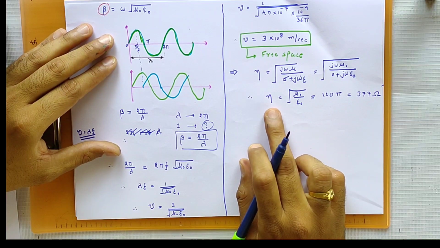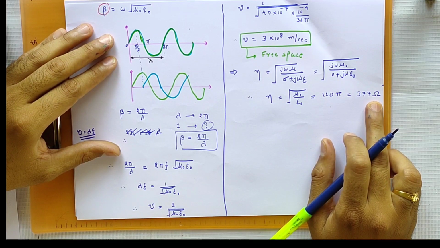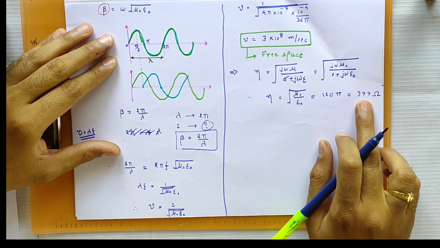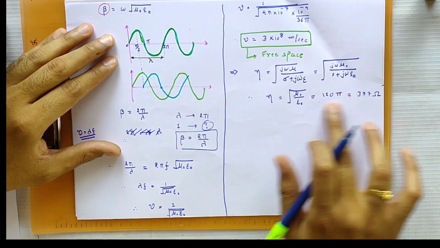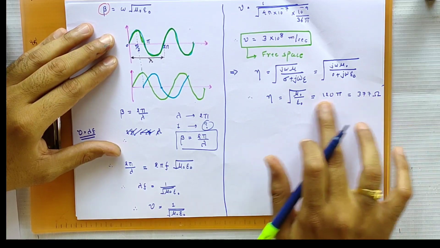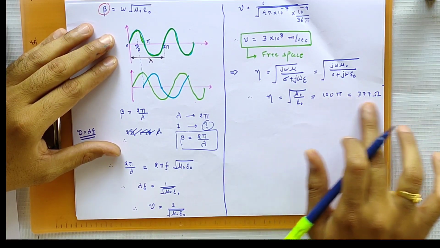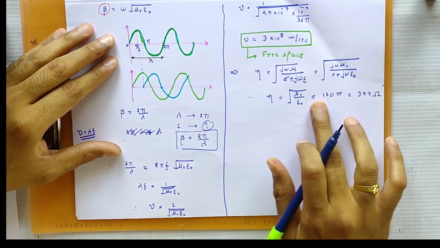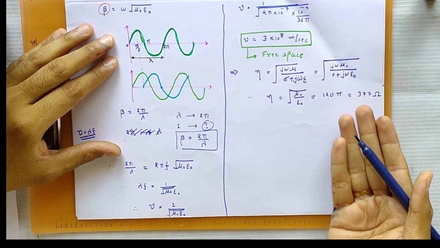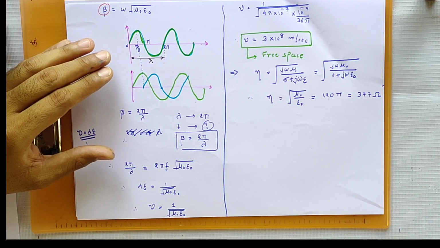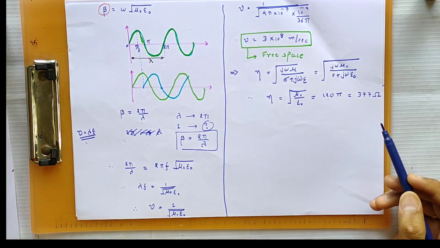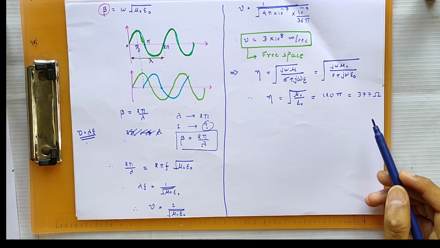Actually, it is the impedance which is present in free space for electromagnetic wave. So it is the impedance of air, or the impedance of free space. It's one kind of resistance, but you cannot measure this resistance using a multimeter, because the multimeter is used to measure the physical value of resistance for voltage and current.